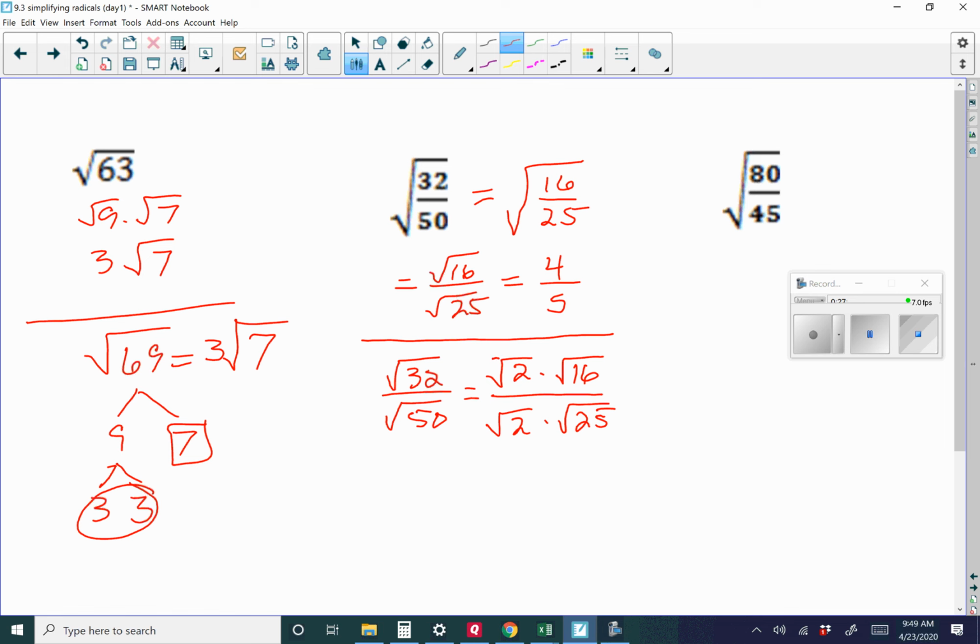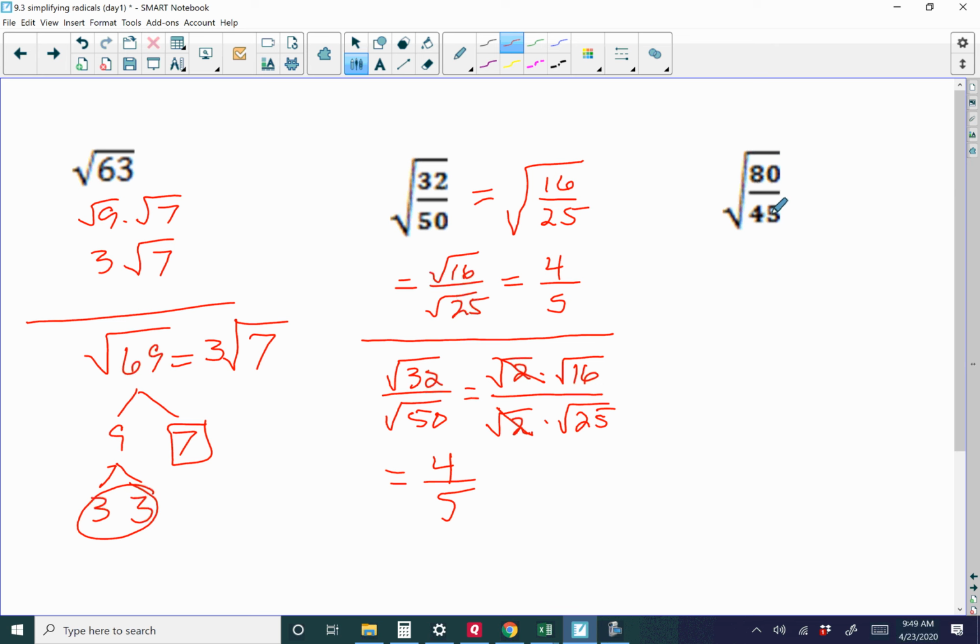Okay. Square root of 2's can actually cancel each other out. Square root of 2 divided by square root of 2 is 1. They just cancel each other out. We are then left with the square root of 16 over the square root of 25, which again is 4 over 5. Okay?